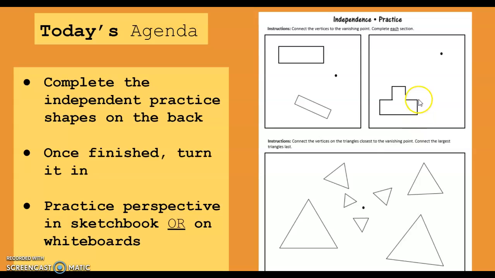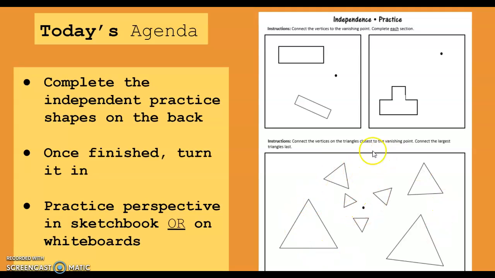So we've got this one, this one, this one, this one, and this one. This one will reach, but it has to go through, so we're not going to draw it. Now, this one right here has also been forgotten because it runs into this part. Even though the line won't make it to the vanishing point, you still need to connect this point, and then it'll just stop right here next to this shape.